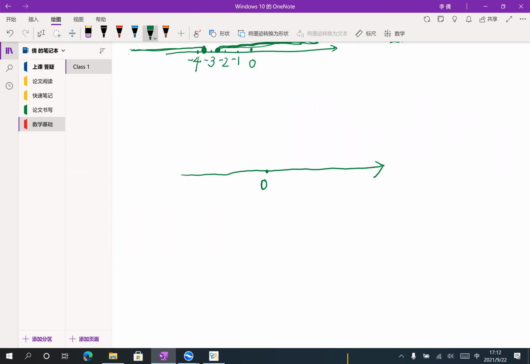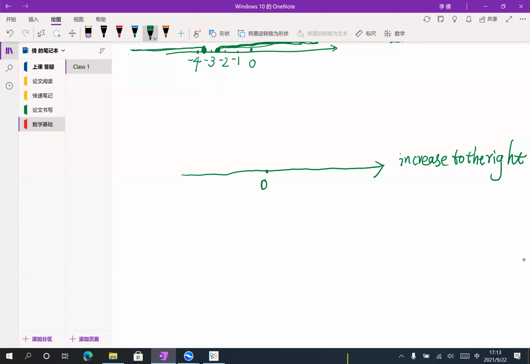The numbers on this line increase to the right, which means on the right of the 0, the numbers are positive, and on the left of 0, the numbers are negative, right?